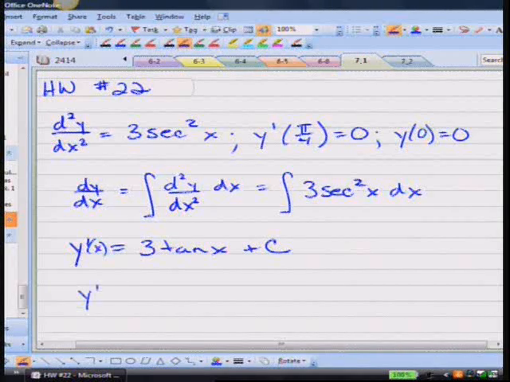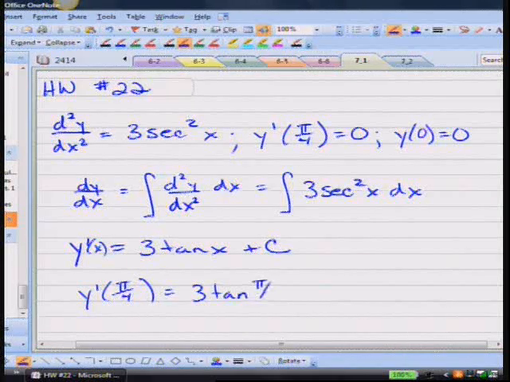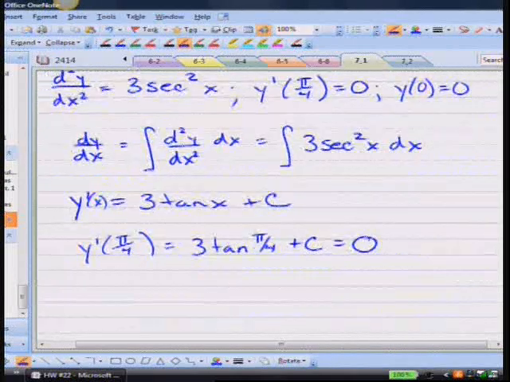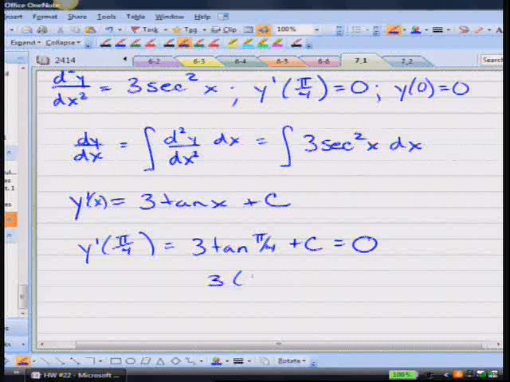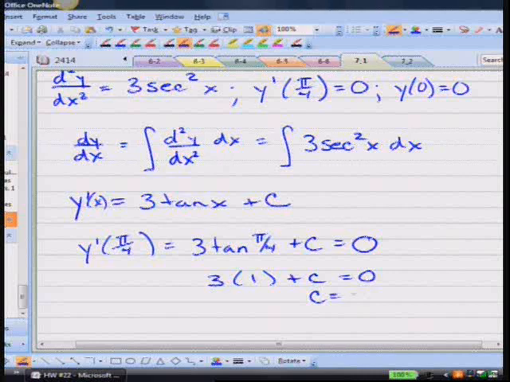So y prime when x is pi over 4 means 3 times the tangent of pi over 4 plus c is equal to 0, because that's what they're telling you. The tangent of pi over 4 is 1. And so c is equal to negative 3.